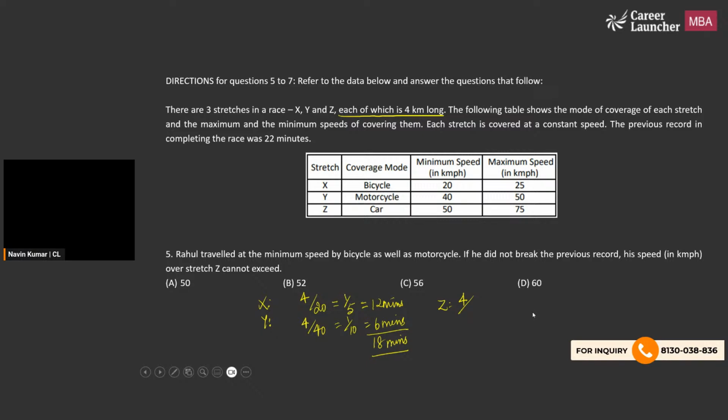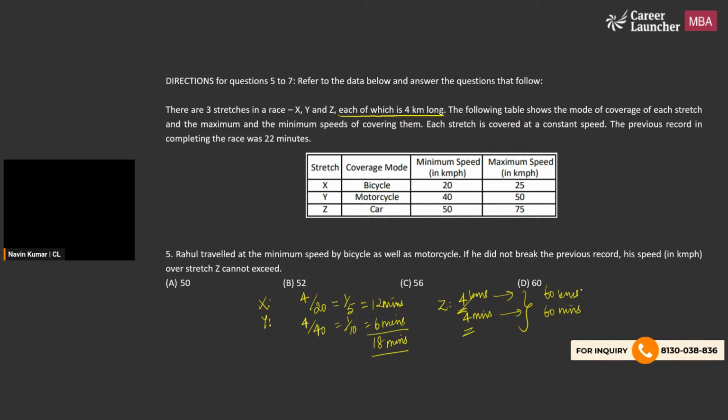Yeah, so we were talking about how he has to cover the next 4 kilometers. Let's say he is able to get to the record point, as in he is able to cover the last 4 kilometers within 4 minutes. If somebody covers 4 kilometers within 4 minutes, that would mean he is able to cover 60 kilometers in 60 minutes, because whatever the number of kilometers, that many minutes he is going to take.